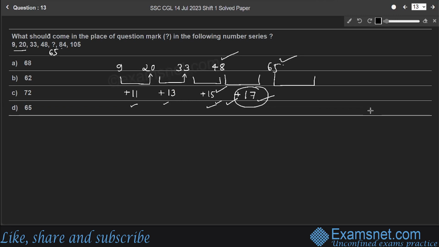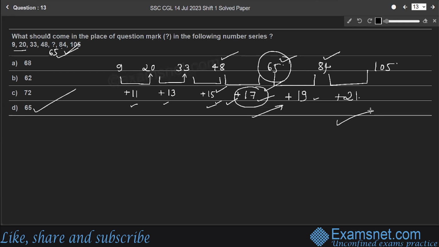You can verify the answer by taking the next number, which is 84. Whereas 65 plus 19 is 84. Here 19 is the next odd number to 17, right? In the same way, 84 plus the next odd number, 21, gives 105. Hence, the answer is verified. Therefore, the fifth number in the given series should be 65. Option D is the answer.